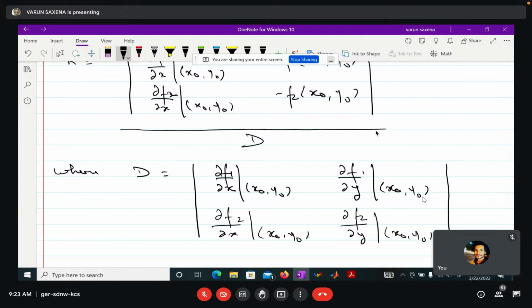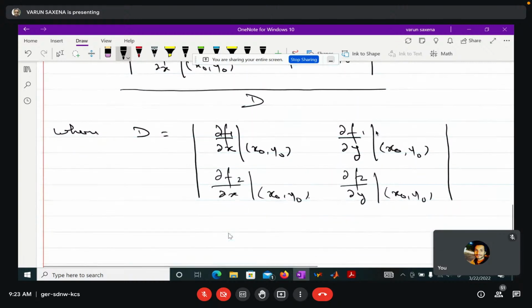Okay? So this is the determinant. So you know how to solve this determinant. It will be del f1 over del x multiplied by del f2 over del y minus del f1 over del y into del f2 over del x. Right? So this is how you can find h and k.